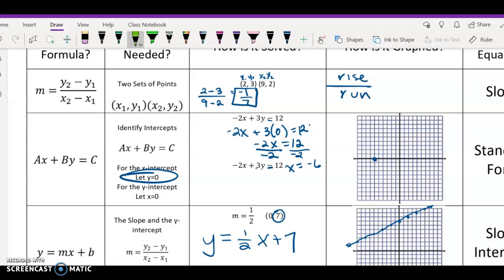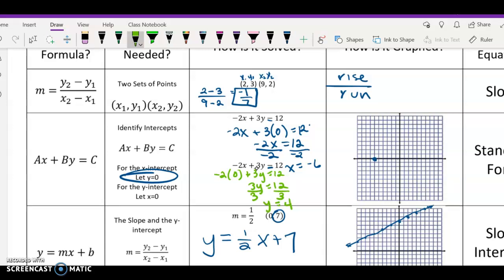For my y-intercept, I'm going to plug in a 0 for my x. 2 times 0 is going to be 0. So then we have 3y equals 12. Divide by 3 on both sides, and I have y equals 4.